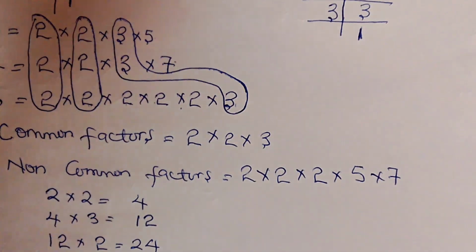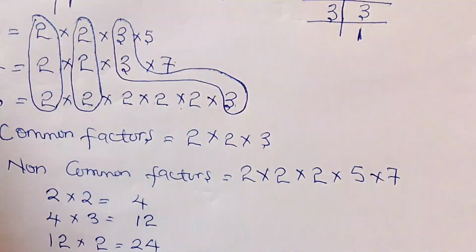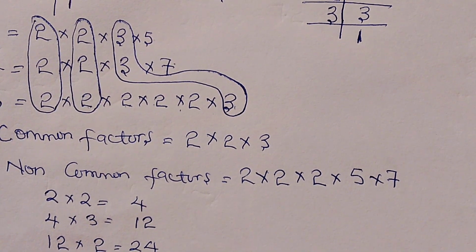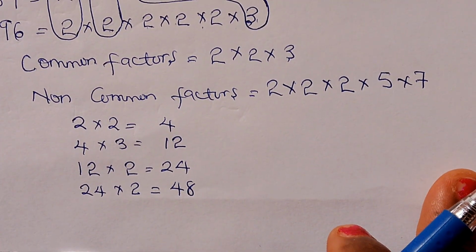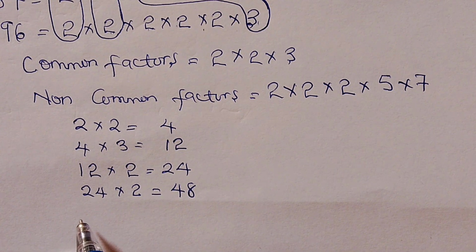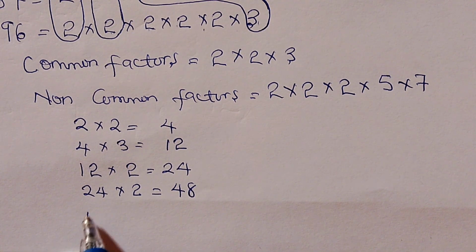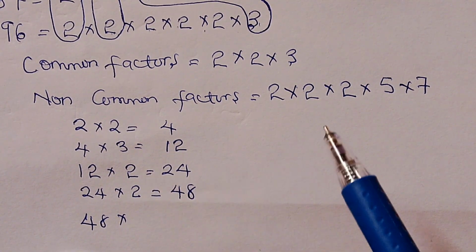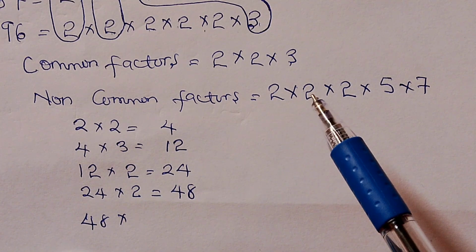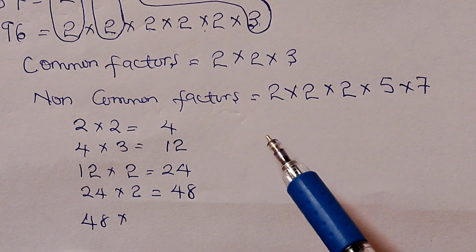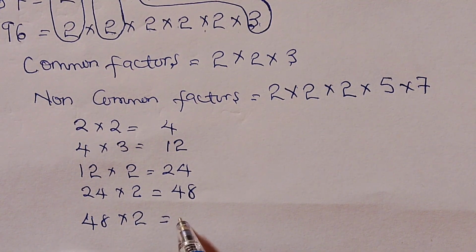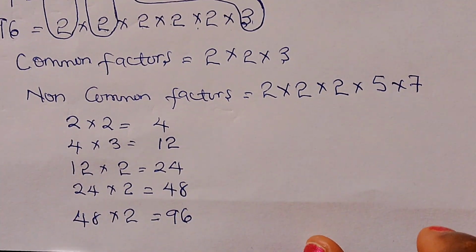So we do 24 times 2, which is going to give us 48. So we go again. 48 times 2 is going to give us 96.